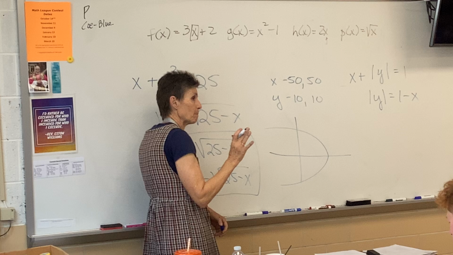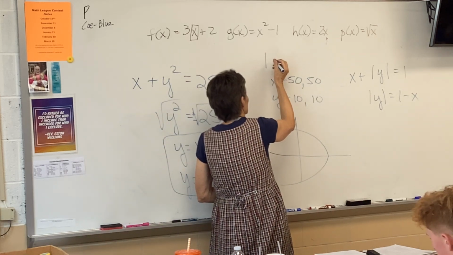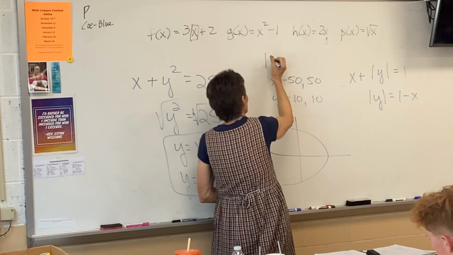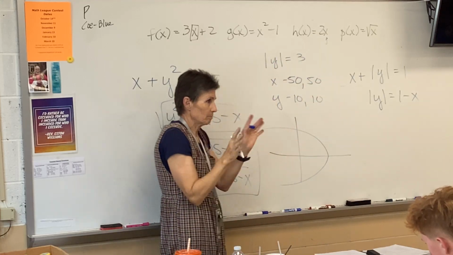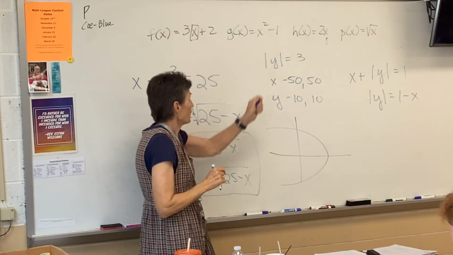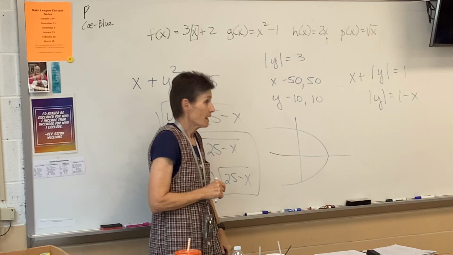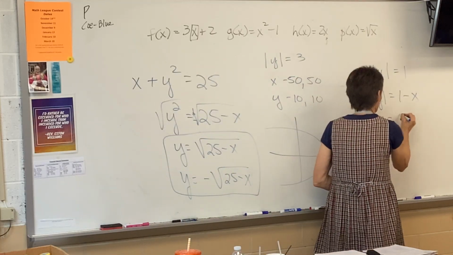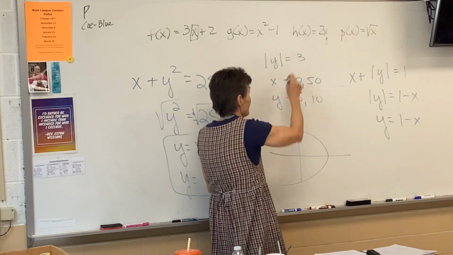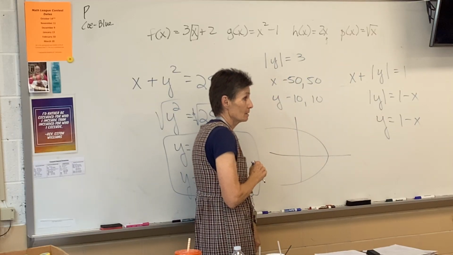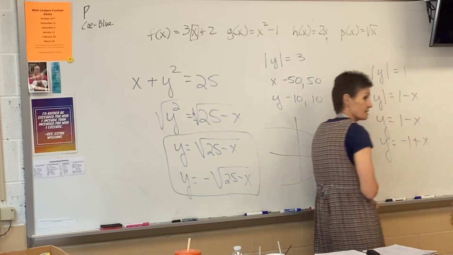So I want you to think back. If you took the absolute value of something and you knew it was 3, then what could be the something in there? It could be 3. In other words, y could be 1 minus x. But what else could it be besides 3? Negative 3. So y could be negative 1 plus x.